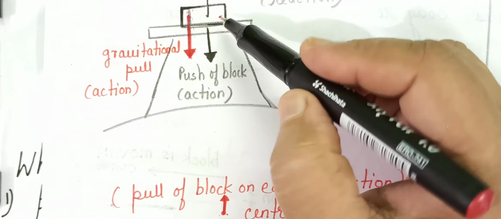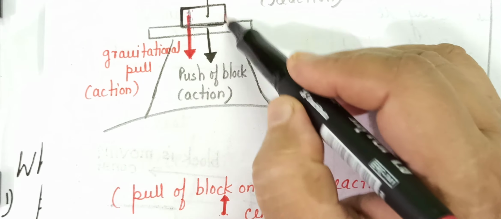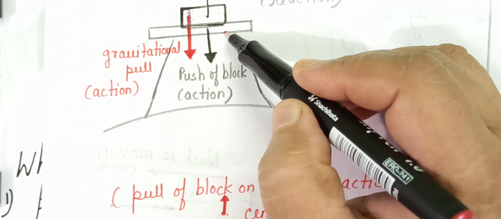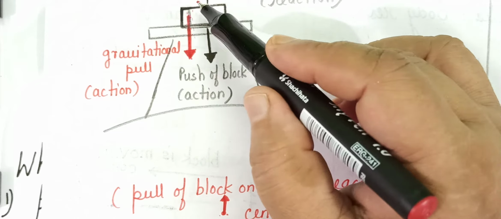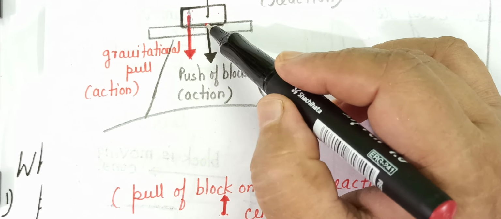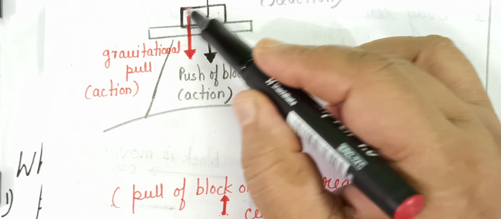But if you want to know the relation between block and table, then this block is pushing the table vertically downward because of its weight.